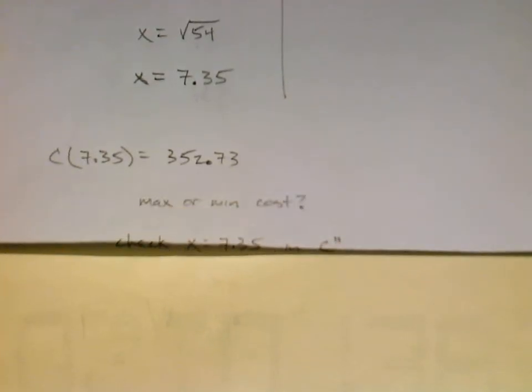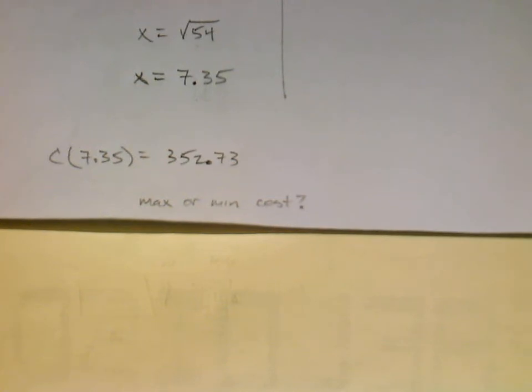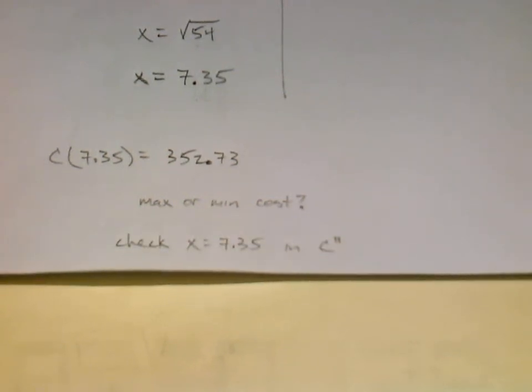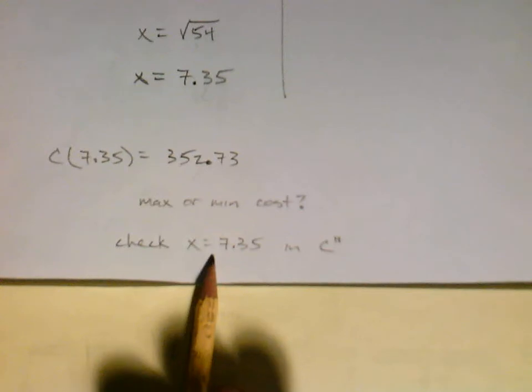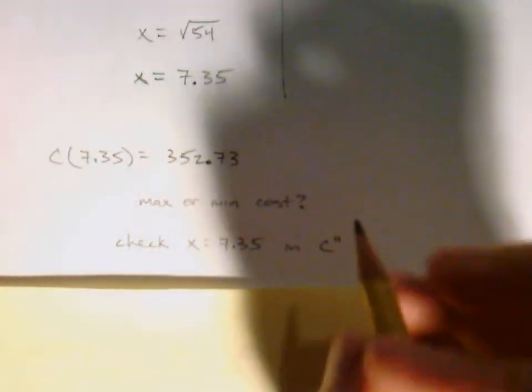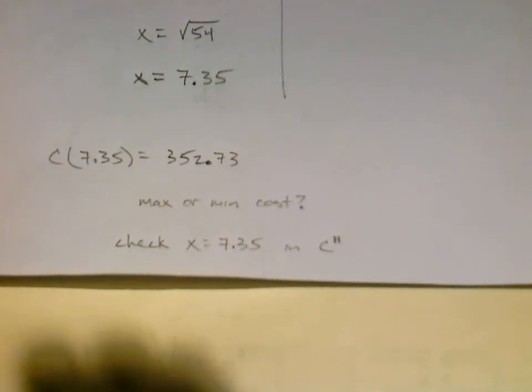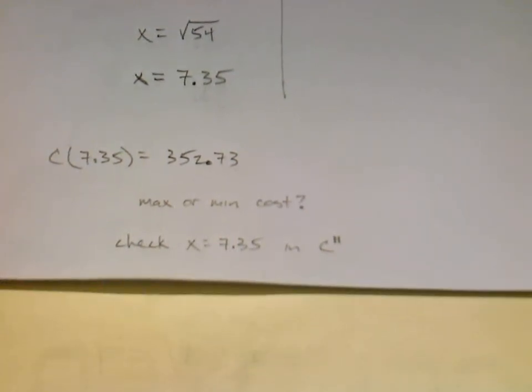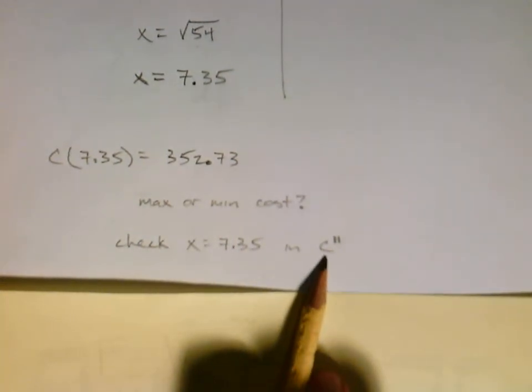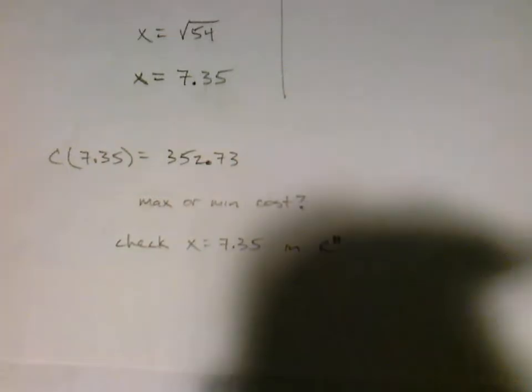So what we're going to do, all right, is that a max or a min? We are going to check that x value in the second derivative. That's c double prime, the second derivative of c. We do this because we're going to check the concavity. So let's take a look.